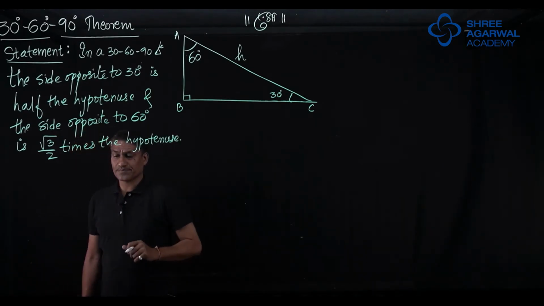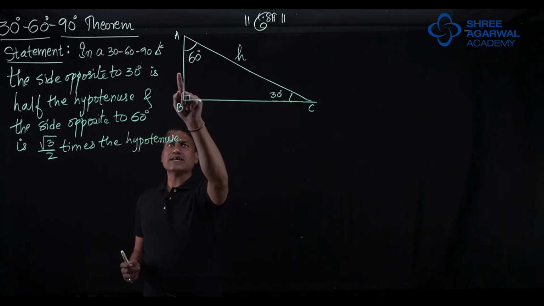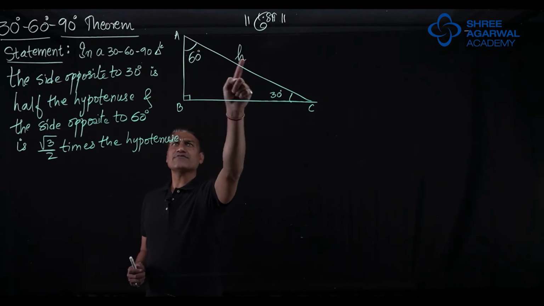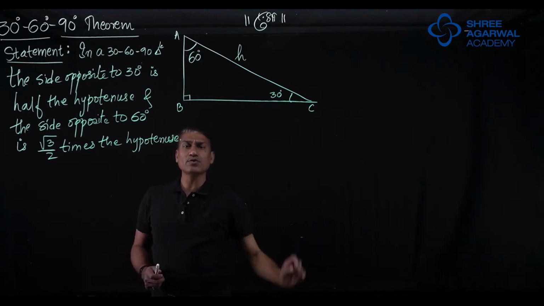This is the theorem. I am reading: in a 30-60-90 triangle, the side opposite to 30 degrees is half the hypotenuse and the side opposite to 60 degrees is root 3 upon 2 times the hypotenuse.